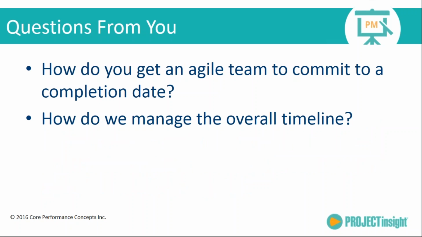I like these next two. I thought this was kind of a common theme in the questions that came across to me the other week. It says, how do you get an Agile team to commit to a completion date, and how do we manage the overall timeline?